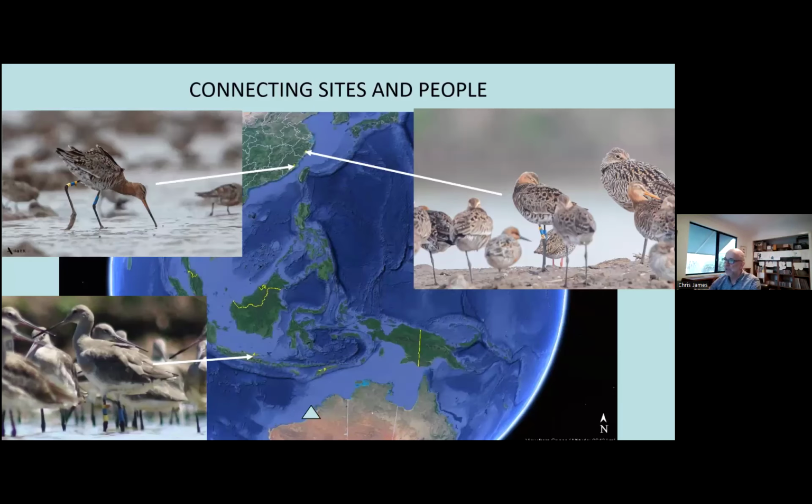Resightings of marked birds are a really nice way to connect sites, but they also connect people. The information from this bird I've disseminated to all the observers, all in one group, so they all know who's seen the bird, etc. This bird was banded in Broome. It's been seen in Sumatra.